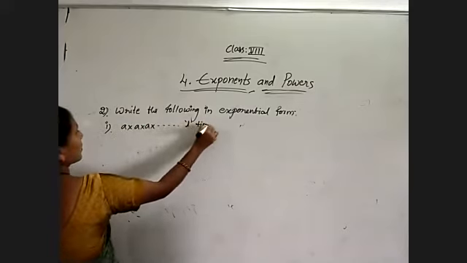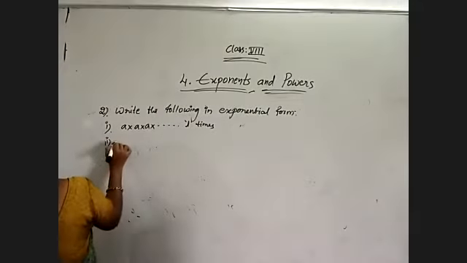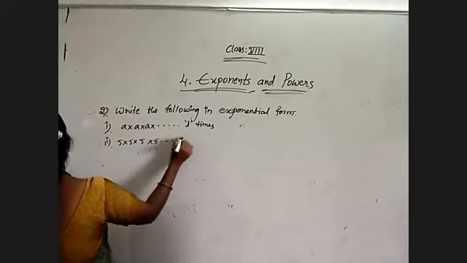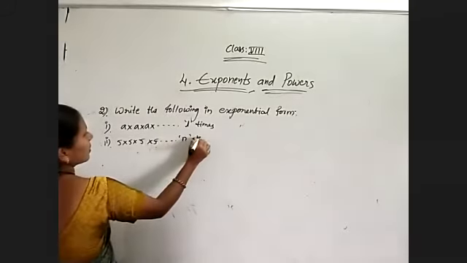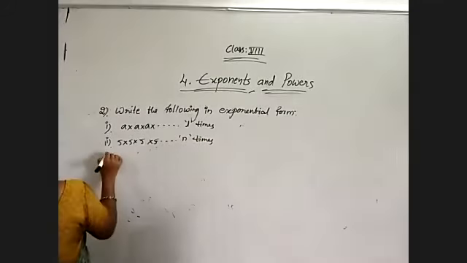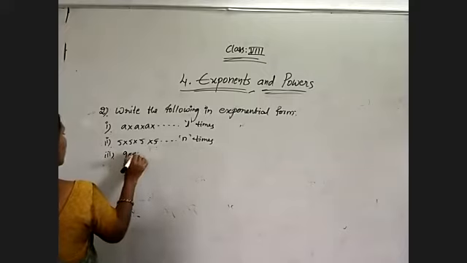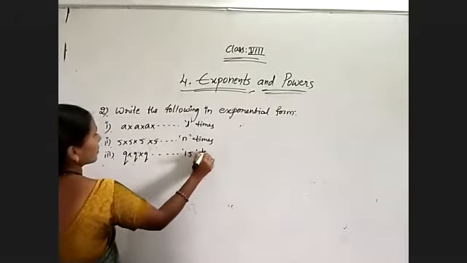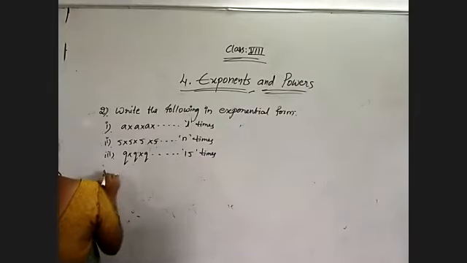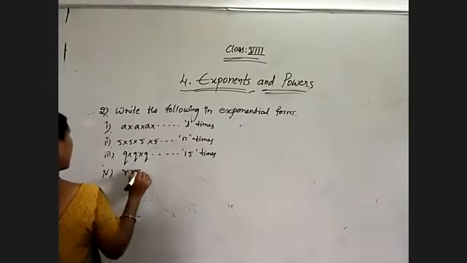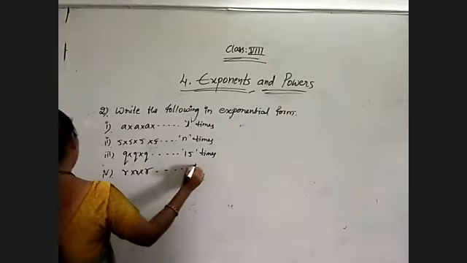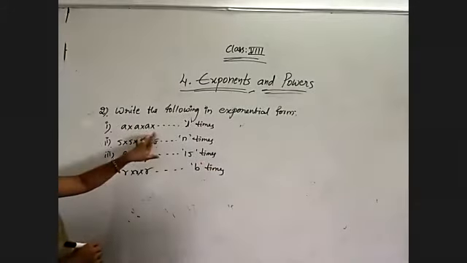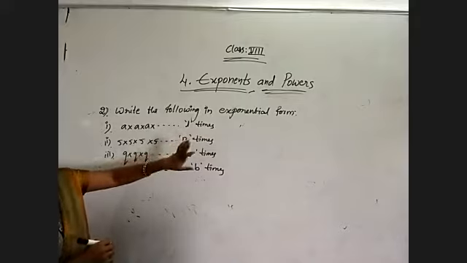And second question, 5 into 5 into 5 into 5, n times. And thirdly, q into q that multiplies 15 times. And fourth question, r into r that multiplies b times. So these are given in product form. We need to write them in exponential form.